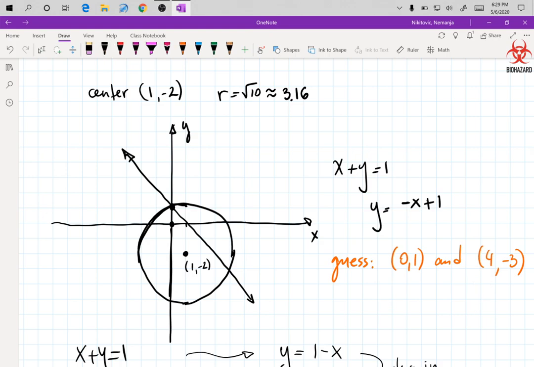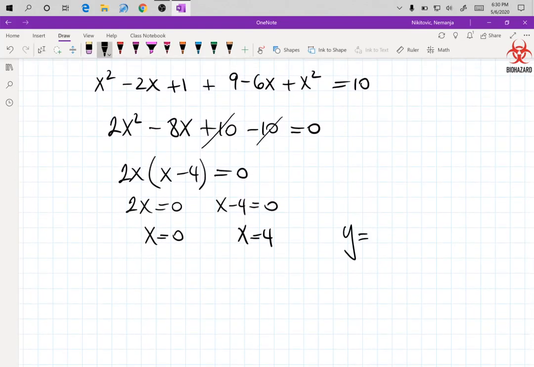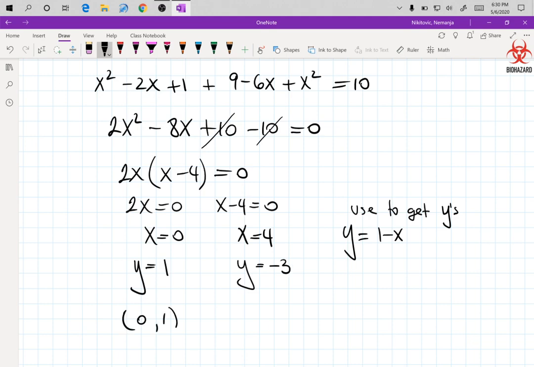So now you can use the substitution equation of y is equal to 1 minus x to get the y's. So 1 minus 0 is 1, and 1 minus 4 is negative 3, giving us (0, 1) and (4, negative 3), which is what we had from before.